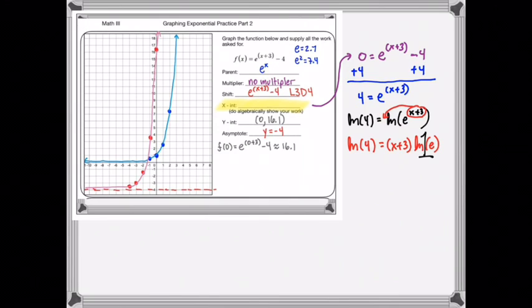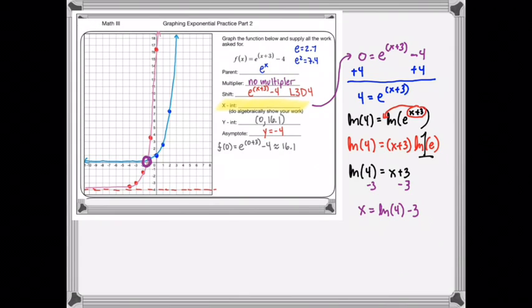So I have ln 4 equals x plus 3. I'm going to subtract 3 from each side and get x equals the natural log of 4 minus 3.